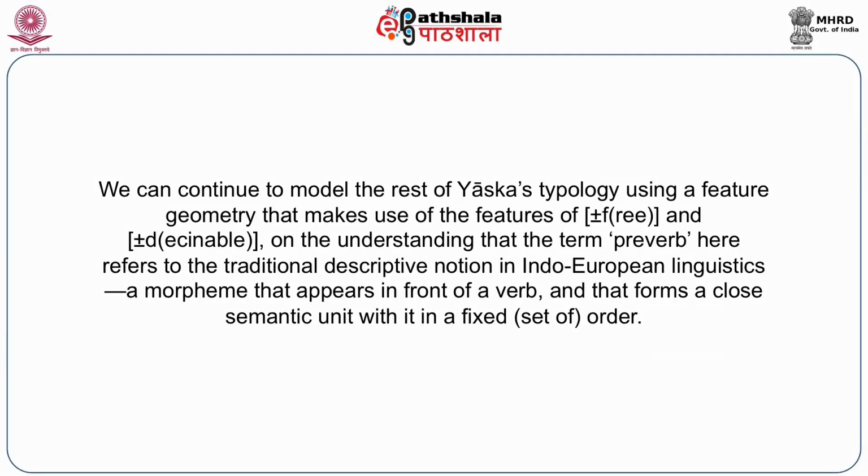We could also have a feature geometry which uses a distinction between plus minus free and plus minus declinable, where we consider that preverbs or prefixes, that is morphemes that appear in front of the verb, form a closed semantic unit within a fixed order.